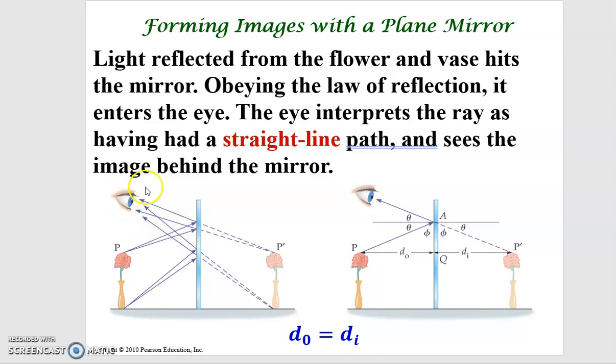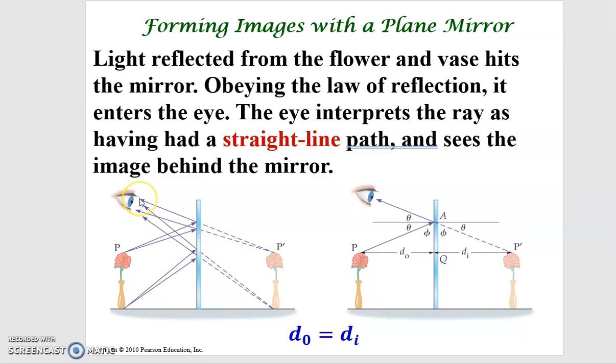But your eyes can only receive a certain amount of light. So, for example, a second light hits this point of the mirror and enters your eyes. Here is the interesting thing: when the eyes receive the reflected light from the flower, they interpret the image by following the received light straight backward in a line.